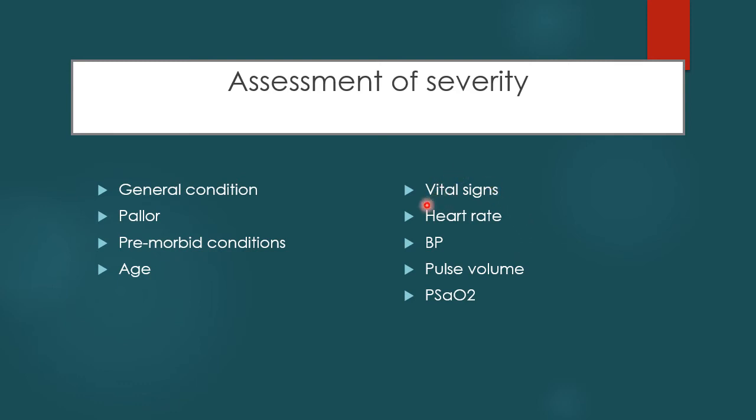The vital signs: the heart rate, blood pressure, pulse volume, and the arterial oxygen concentration. These are all very important parameters for the assessment of severity and prognosis of lower GI bleeding.